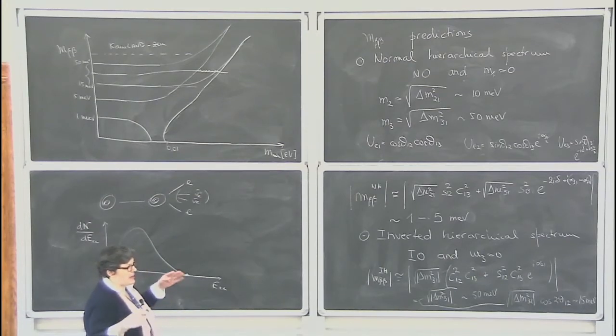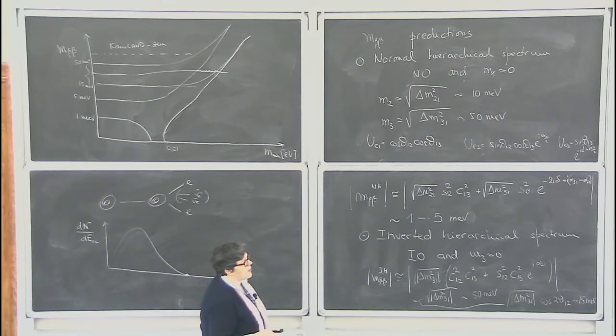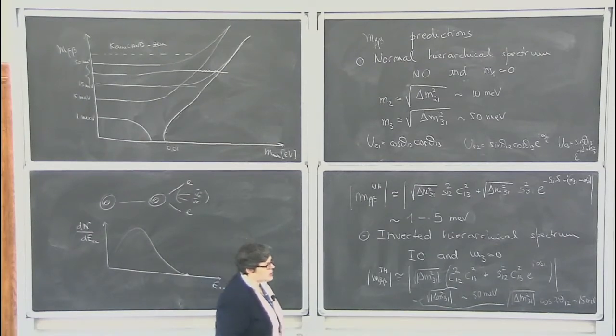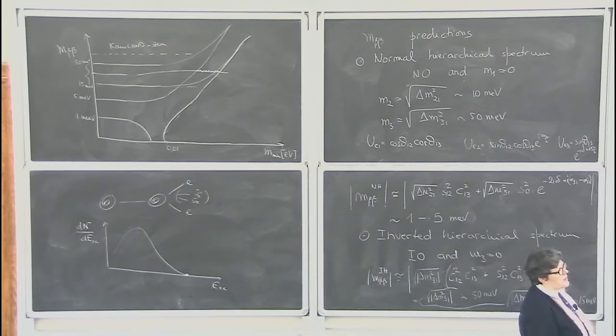KamLAND-Zen is a very big detector, and if you compare with some of the others, they have a lot of mass, and in this way they could obtain a very stringent bound. Here you see how it works. This, for instance, is the EXO experiment, a very similar detector using xenon 136 with a smaller mass, therefore a slightly worse bound, but it shows you the kind of experimental challenges you have.